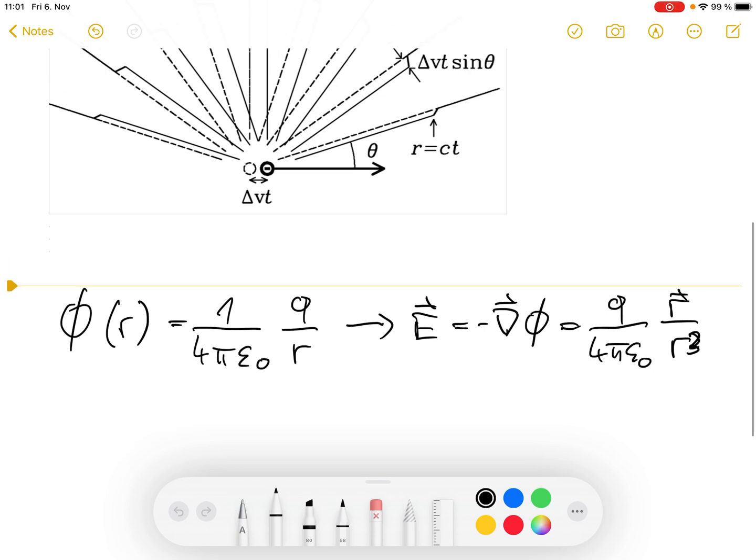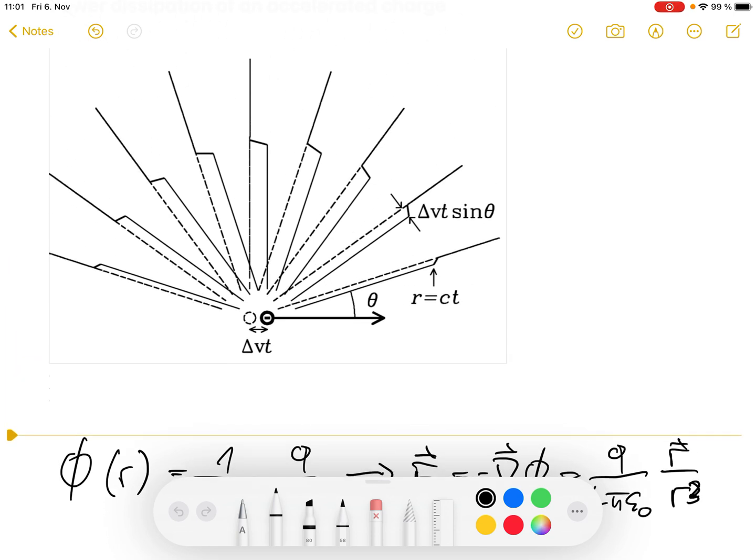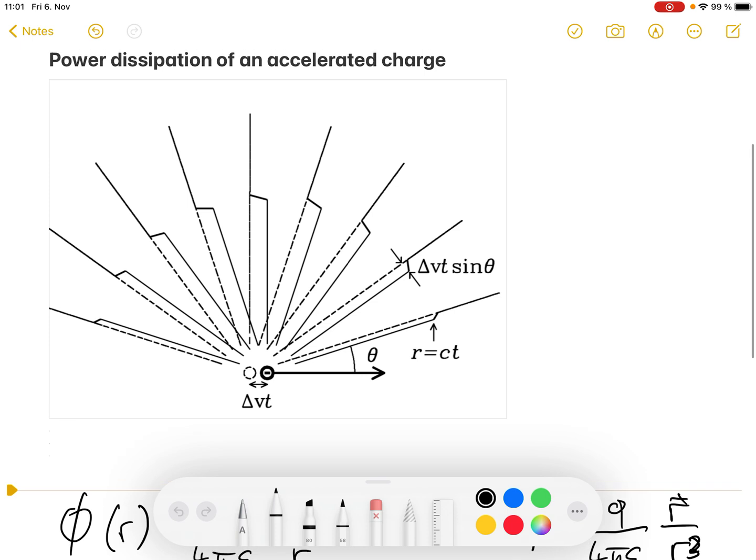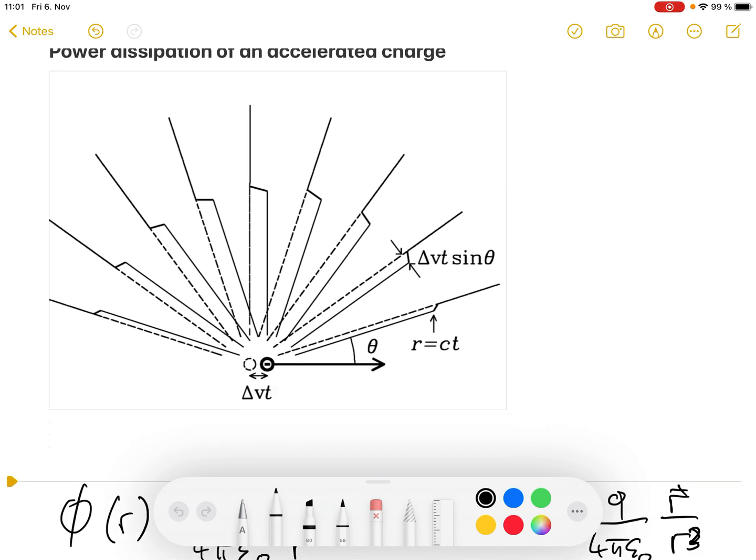Now, looking again at the picture, the important thing to note is that, purely geometrically, we have a parallel and a perpendicular field component that's indicated here where the arrows are. Parallel means parallel with respect to the radius vector, and perpendicular is also perpendicular to the radius vector.